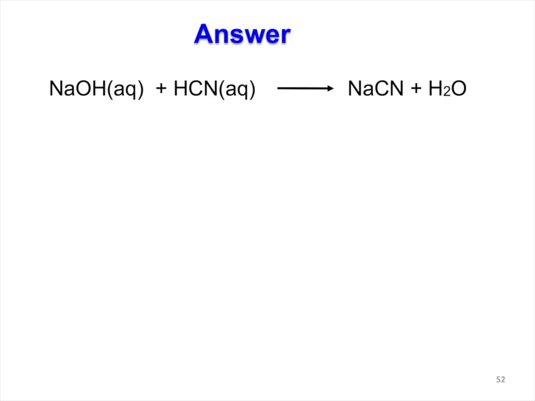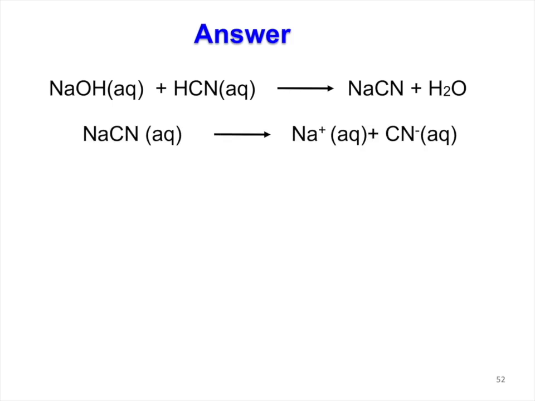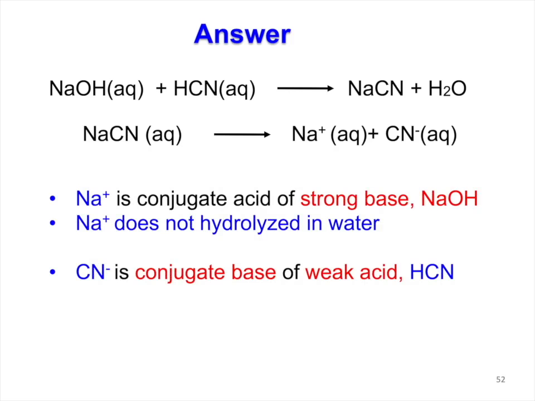The second equation: NaCN will undergo dissociation to form Na+ and CN-. So Na+ is a conjugate acid of a strong base. That means Na+ is a weak conjugate acid because it comes from a strong base. So Na+ does not hydrolyze in water.